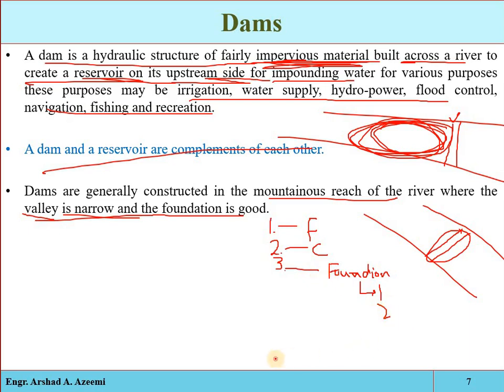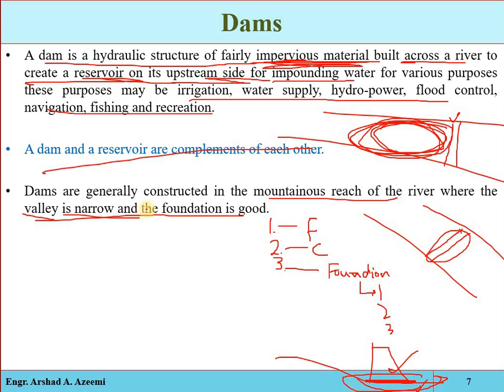Suppose that is the river, and here we construct a barrier, a structure, so at the contact between the structure and the bed, there will be no sliding, there will be no shear failure between the structure and the foundation. And third, low hydraulic conductivity, meaning the foundation will be impervious, there will be less hydraulic conductivity. Okay, there will be non-fractured rocks.